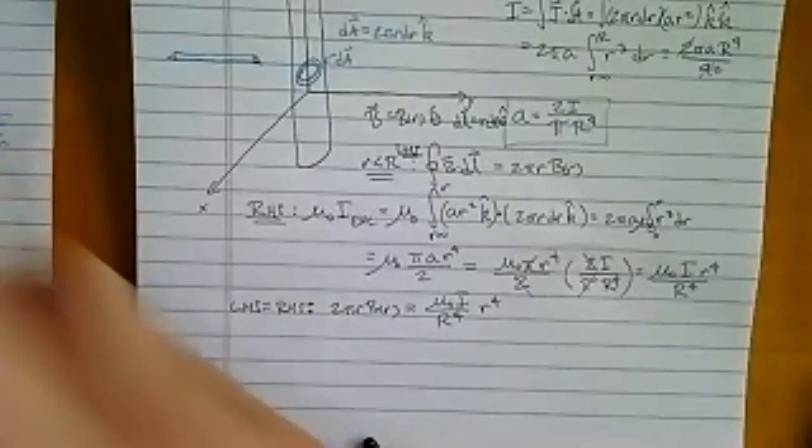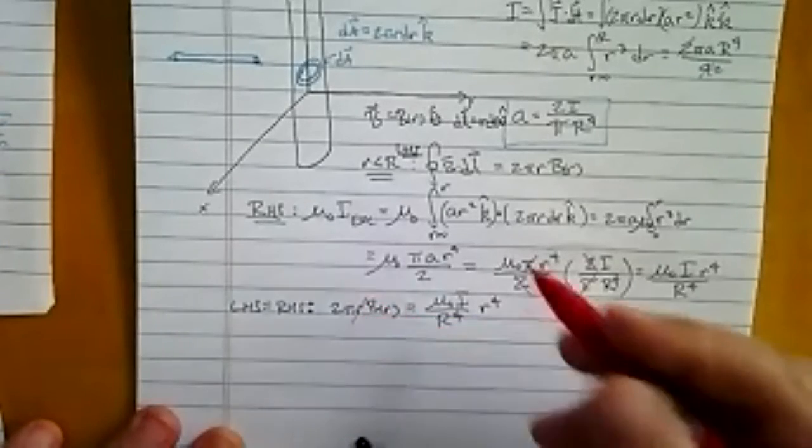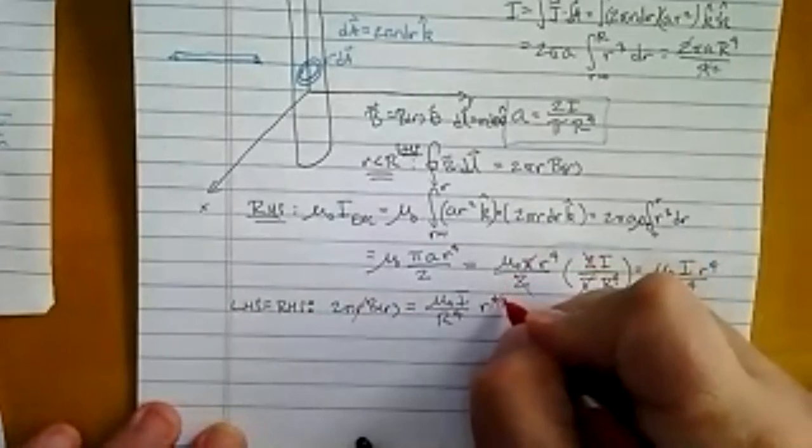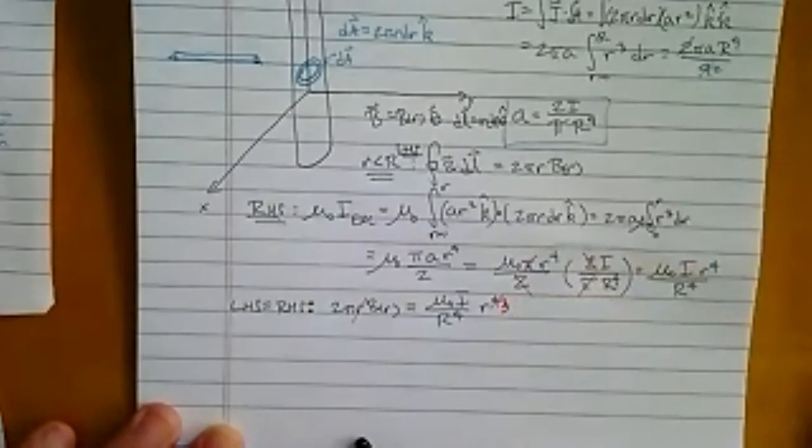And I think you can see now this r over here will cancel out and leave a 3 there.